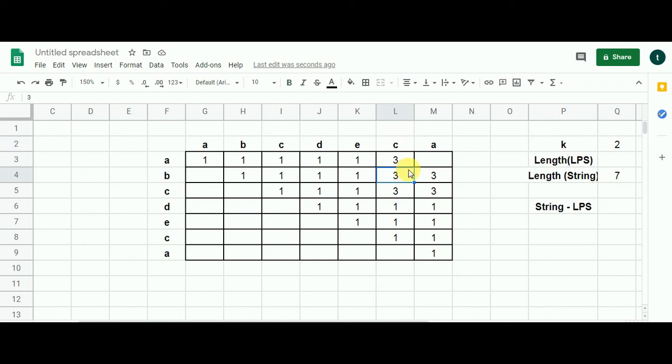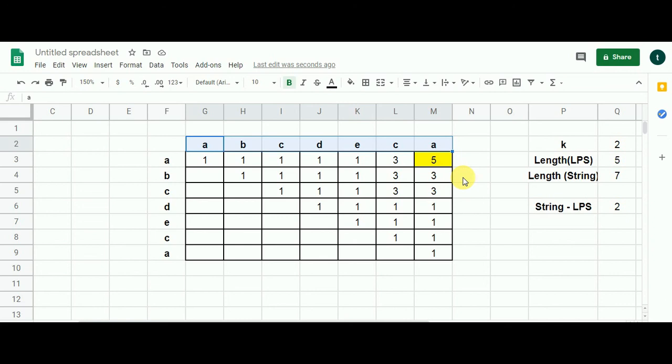Alright. So 2 added to 3 is going to give me 5. And this is the length of the longest palindromic subsequence. Now I'm going to put 5 over here, and this is going to give me 2 as the answer. Now since this 2 is equal to K, hence this string is a K-Palindrome. Okay, this is our solution number 2.